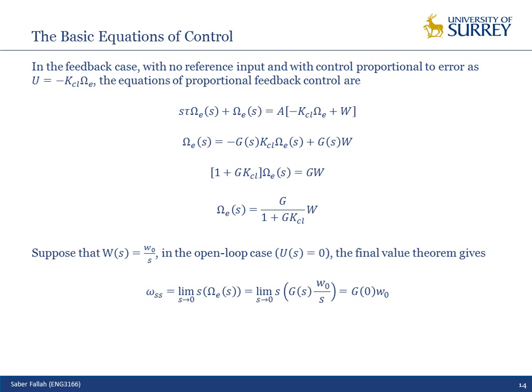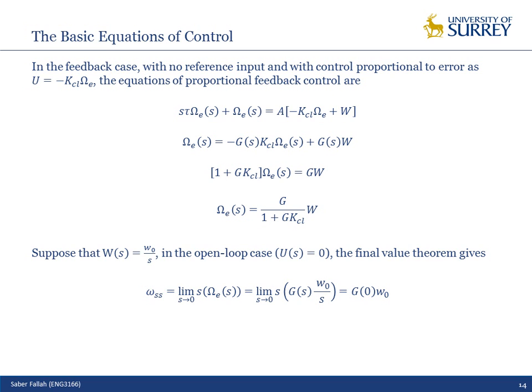Here, look: s tau omega E(s) plus omega E(s) equals A minus K closed loop omega E plus W. Okay? So, A minus K closed loop over s tau. Let me make sure that I put it the correct way.